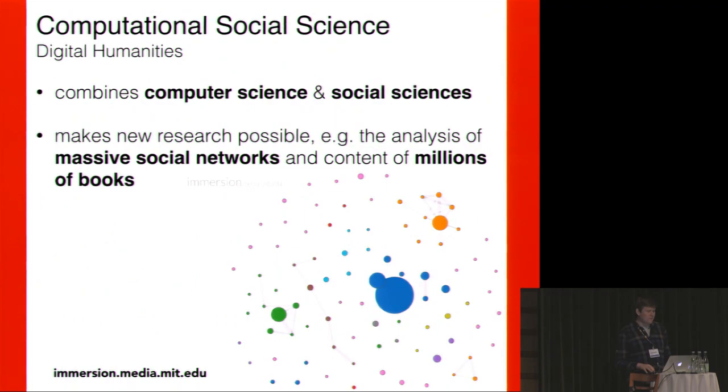So talking about computational social science, which is also sometimes called digital humanities, the idea here is to combine computer science and the techniques from computer science with social science. And this makes new, really interesting research possible. You can, for instance, analyze massive social networks, or you can analyze the content of millions of books.